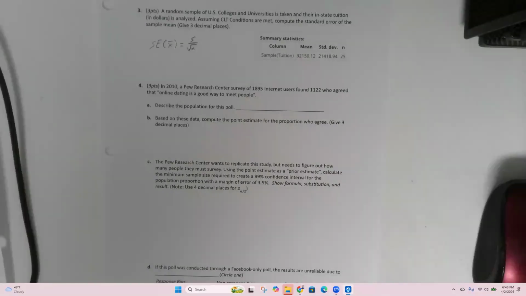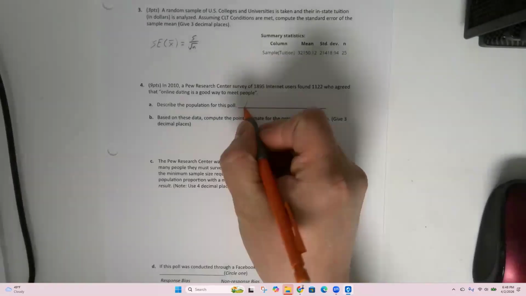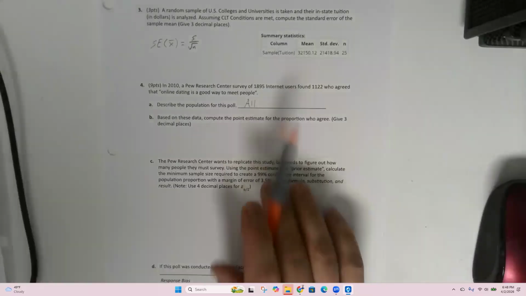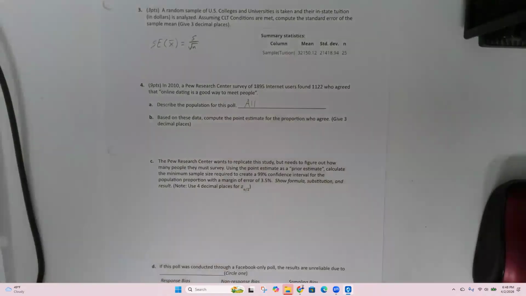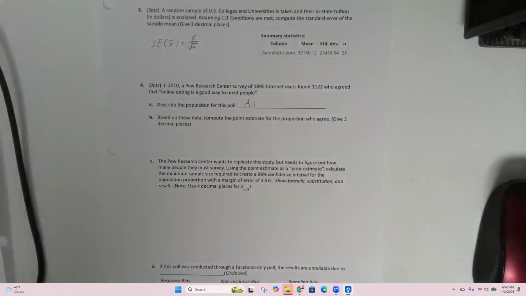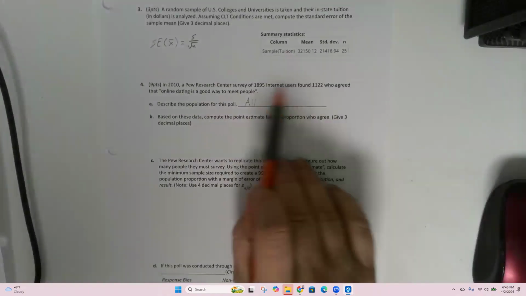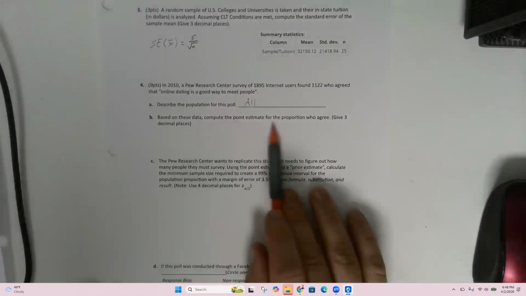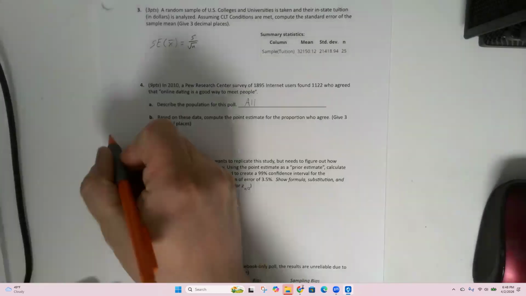Describe the population. So the population is all something. Okay. All whatever, whatever. Based on these data, compute the point estimate for the proportion who agree. Point estimate.